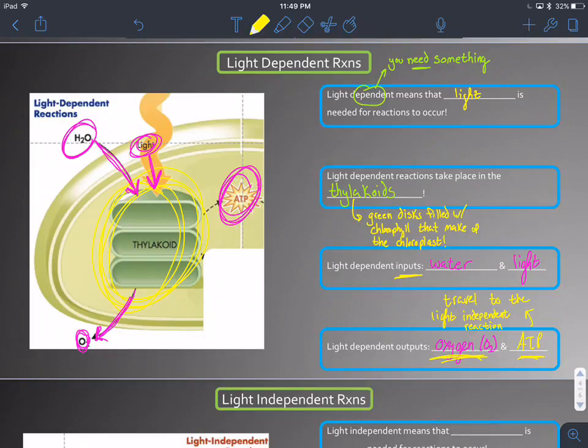If there's no light, these reactions do not occur. This means that no oxygen is produced and that no ATP is produced.